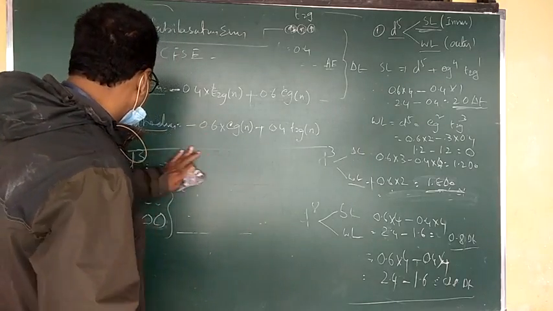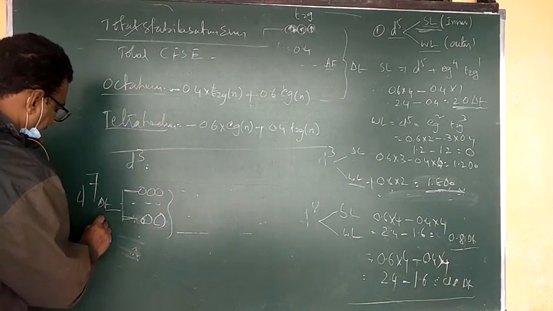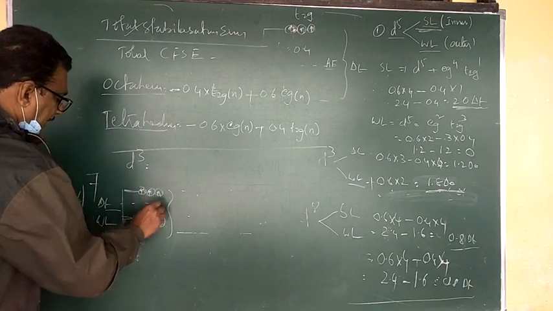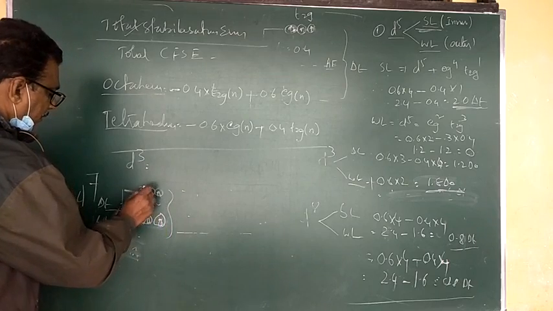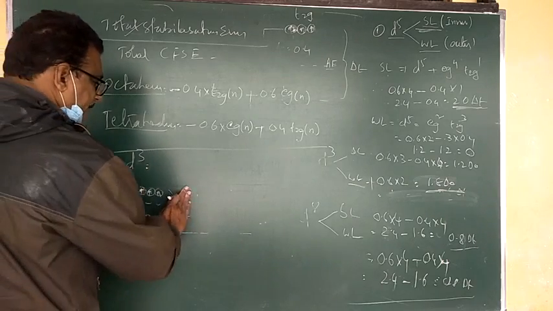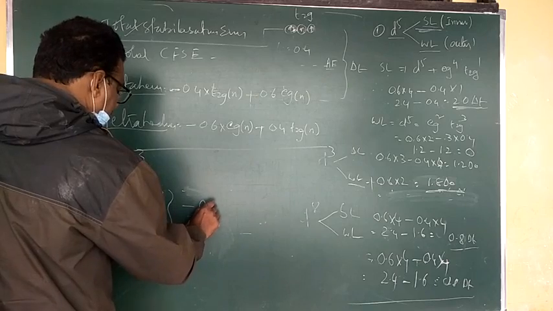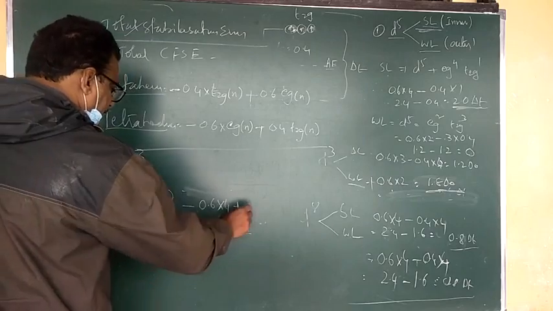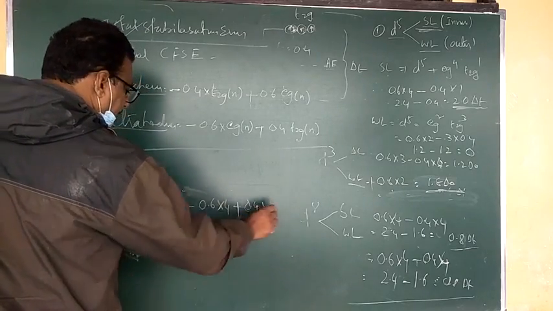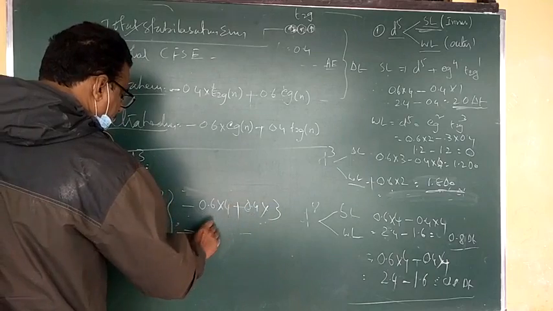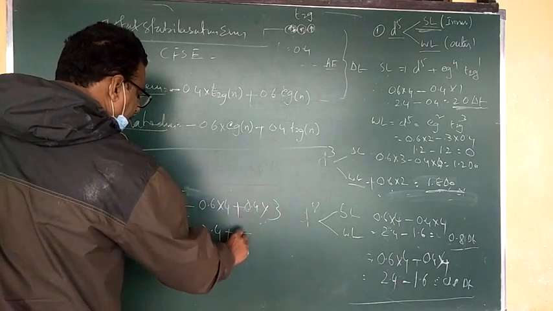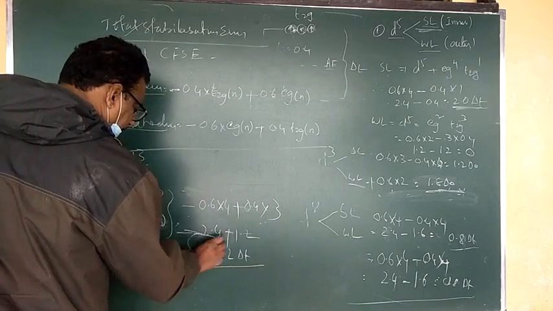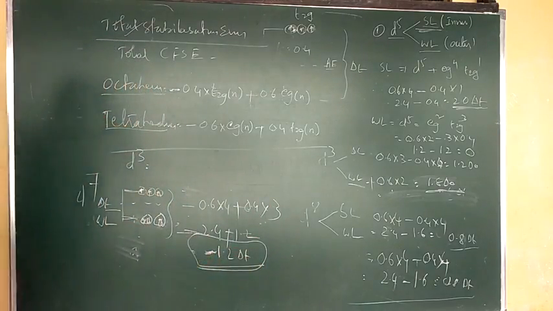Very important: d7 means weak field ligand, 1, 2, 3, 4, 5, 6, 7, seven electrons only. So minus 0.6 into 4 plus 0.4 into 3 electrons. Therefore minus 2.4 plus 1.2 is equal to minus 1.2 for tetrahedral complexes. This is the value.